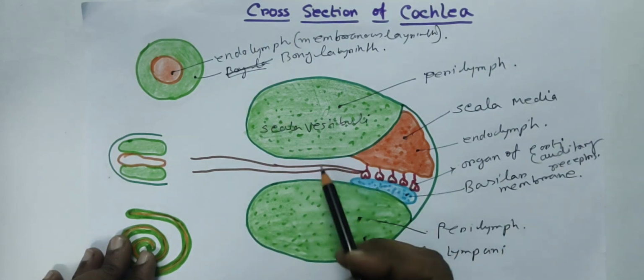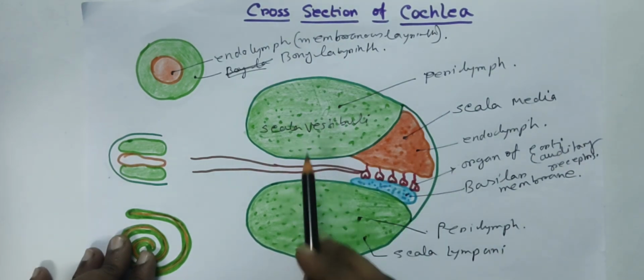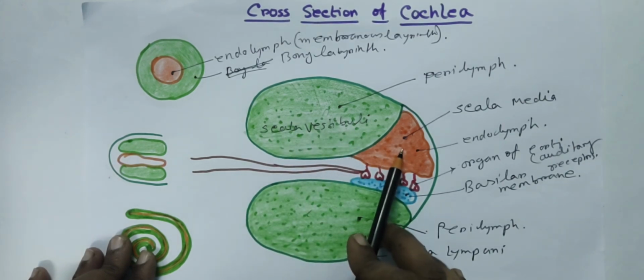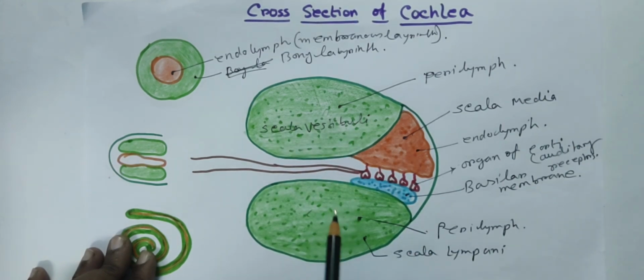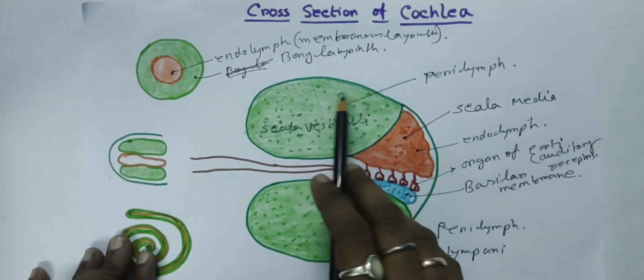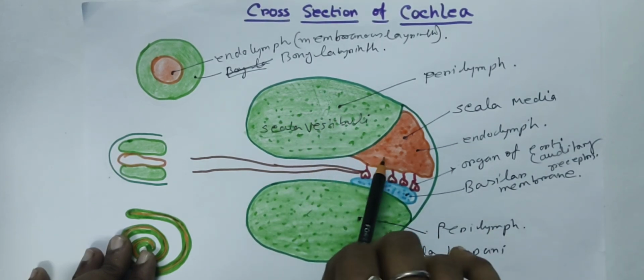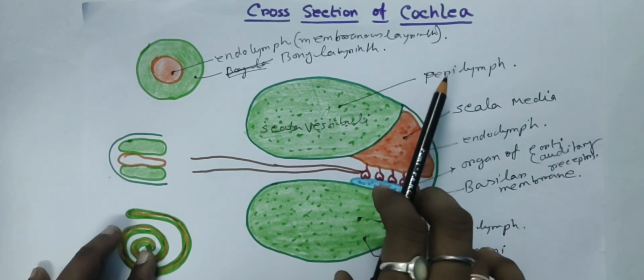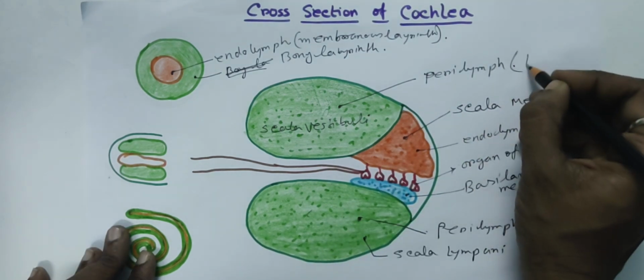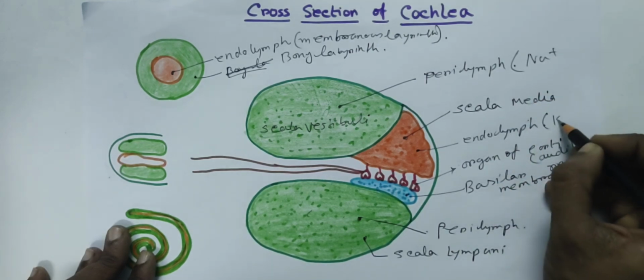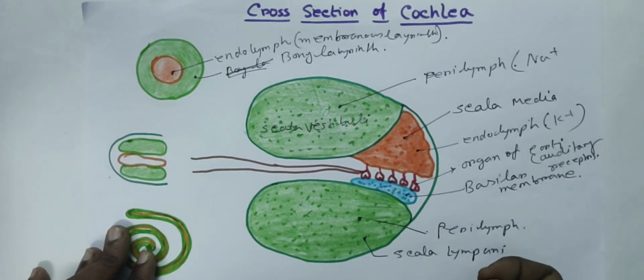So here, this is the section of the cochlea. It has three parts: scala vestibuli, scala media, scala tympani. It's a fluid filled part. The fluid here is called perilymph outside, and inner, in the middle, there is endolymph. Perilymph is rich in sodium ions, and endolymph is rich in potassium ions.